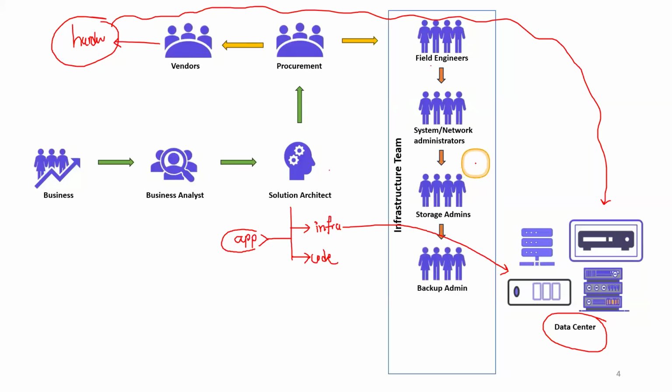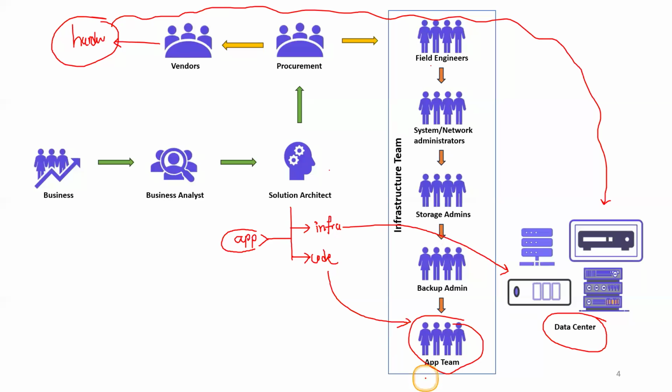Once the entire thing is set up as per the standards mentioned in the architecture diagram, so all the servers, databases, and load balancers are set up as per the solution architectural diagram, that's where the application team comes into the picture, because the application team developed the code.